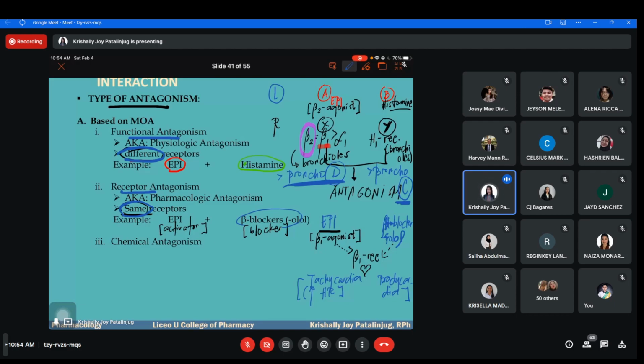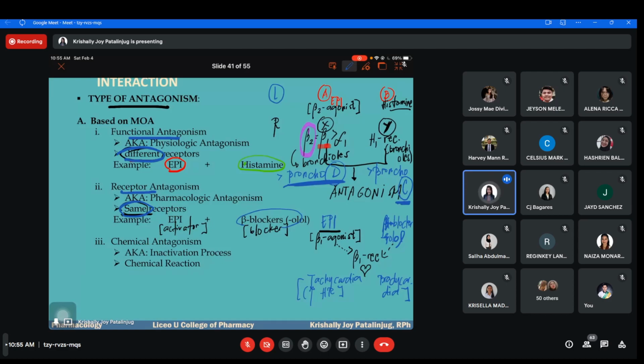Okay? Sige. And then the third type of antagonism based on mechanism of action is the chemical antagonism. This is also known as inactivation process. So kapag inactivation, you have one drug that will inactivate the other. That's why antagonism. Diba? May antagonism na nangyari or opposing ng pharmacological responses.